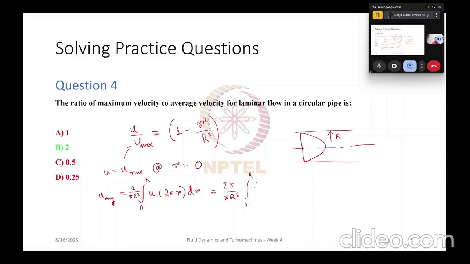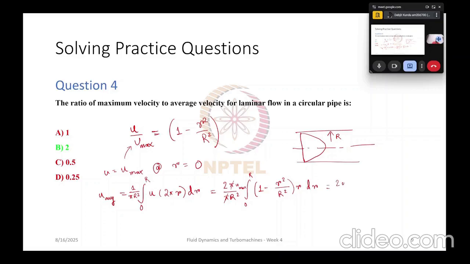Now u I'll replace by this formula here, and there will be a u max, which is also a constant which I am taking outside the integral, and r dr. So pi and pi cancel out.